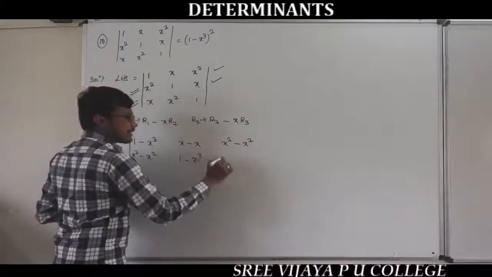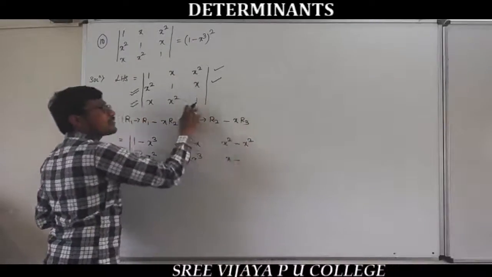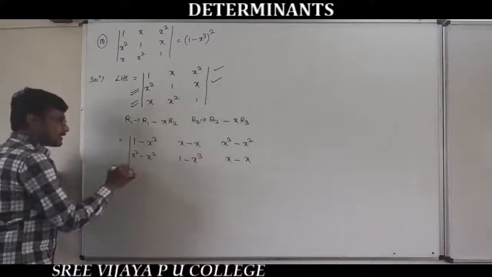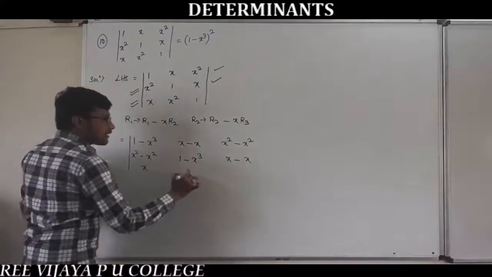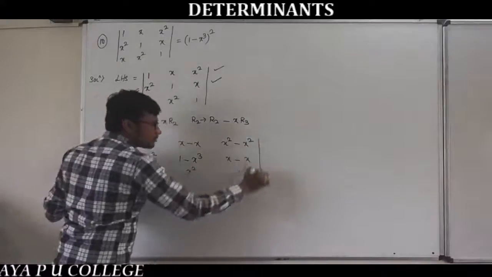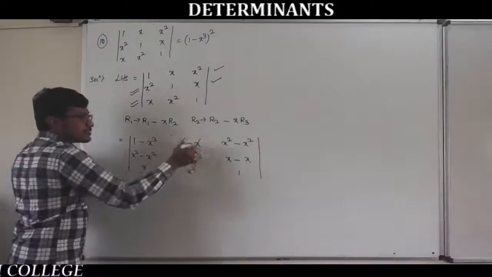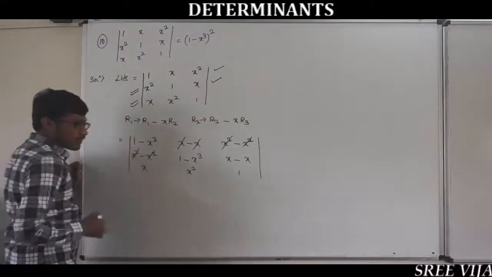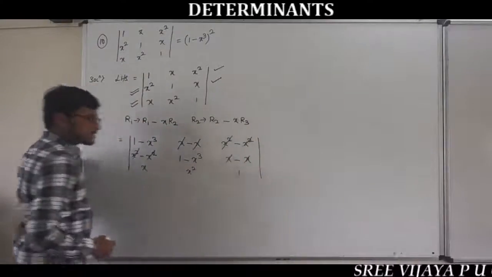Again R2 is x minus x times R3 which is 1, x into 1 is again x only. Now R3 is as it is: x square 1. Now x minus x gets cancelled, x square minus x square cancelled.